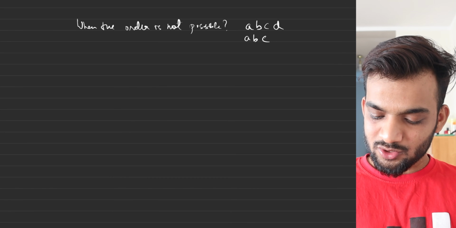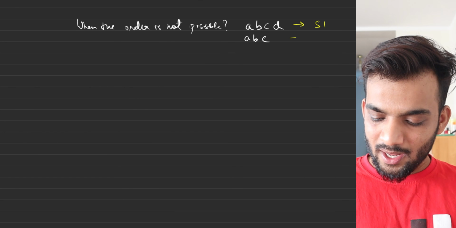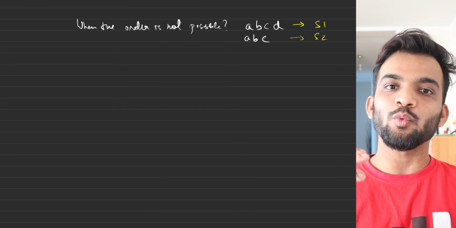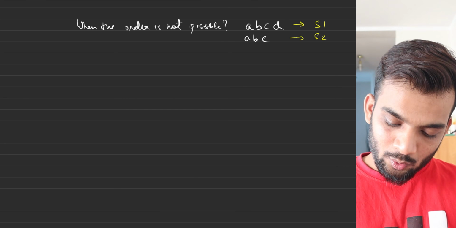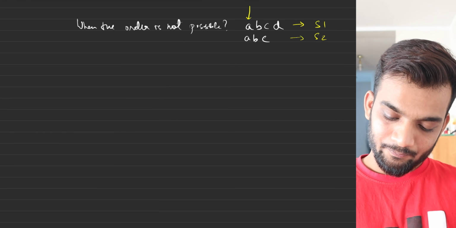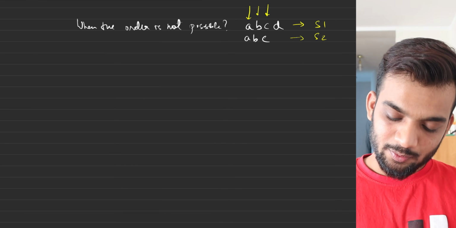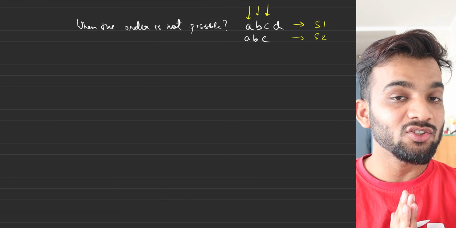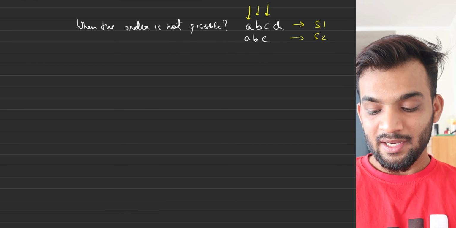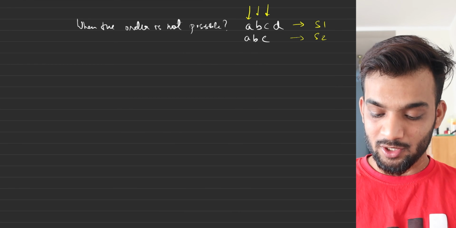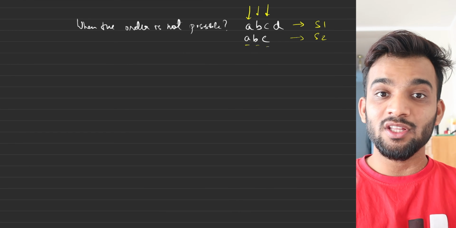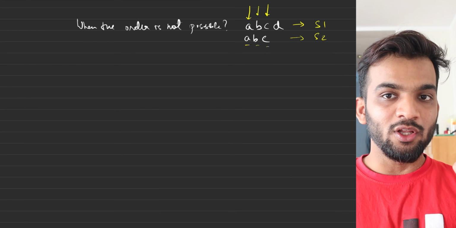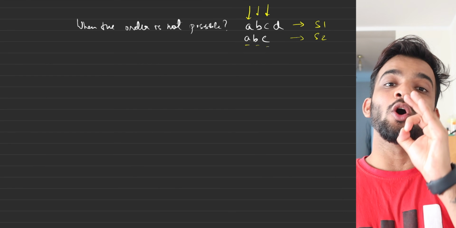One of the test cases you can tell him is if string 1 is this and string 2 is this. Whenever we try to compare the strings, what are we looking at? Is this matching? Is this matching? And apparently the comparison is finished, and you did not find a differentiating point because A, B, C, everything is matching. If everything is matching, it doesn't matter if you're following the alien dictionary or the normal dictionary.